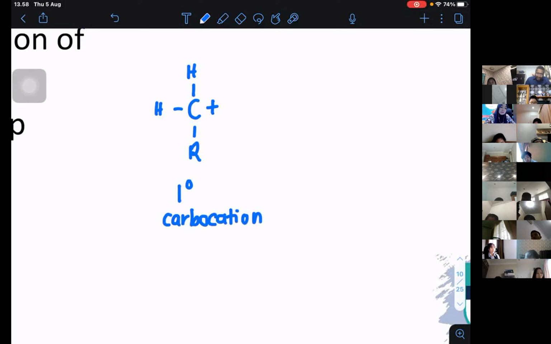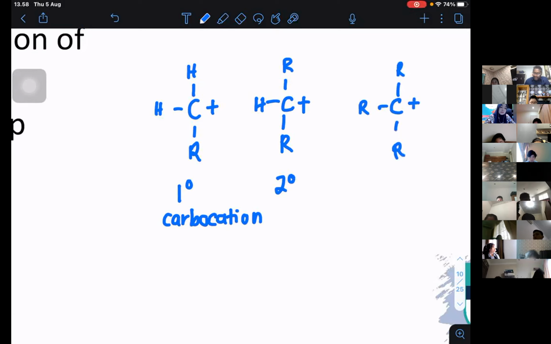And if I have two R groups, this is going to be a secondary carbocation. If I have three R groups, that is going to be my tertiary carbocation. Now, always remember, tertiary carbocation is more stable compared to secondary, compared to primary.